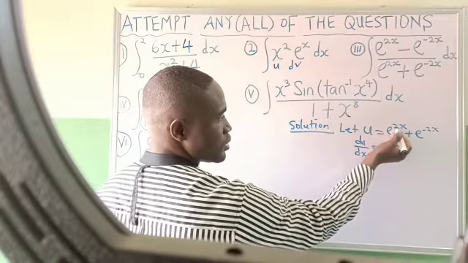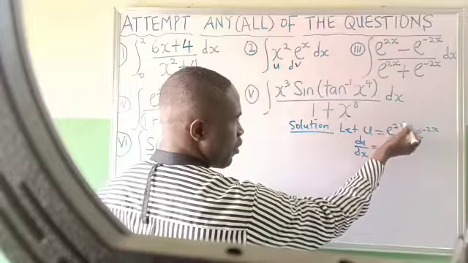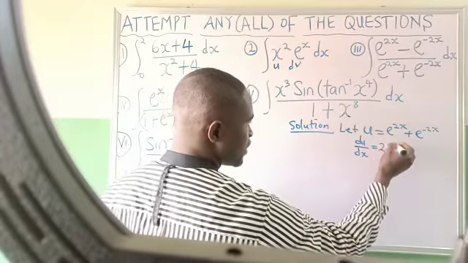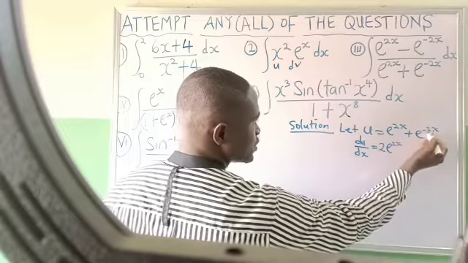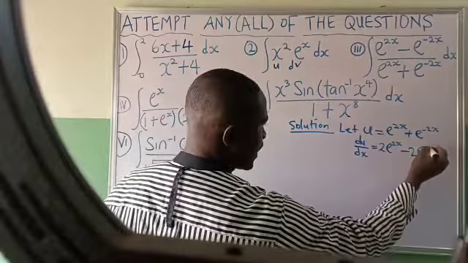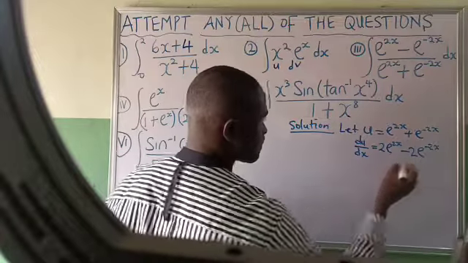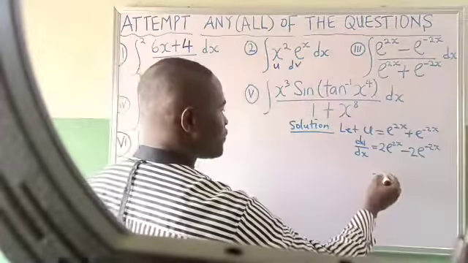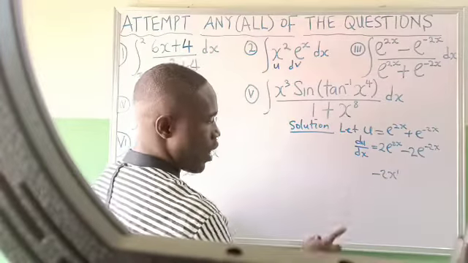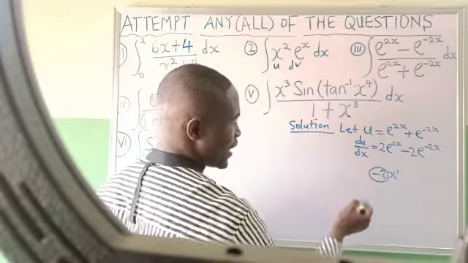For this one, I will differentiate the power, which is 2, then write exponential 2x. Then this one, I will differentiate the power, which is minus 2, then I will write minus 2 exponential minus 2x. Remember, if you are differentiating anything with letter x and power of 1, the coefficient will be the answer.